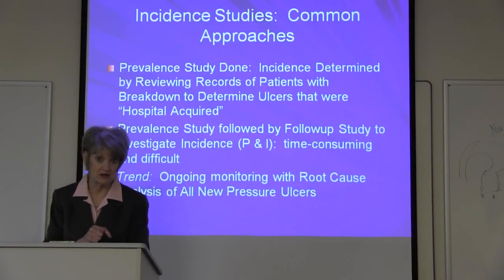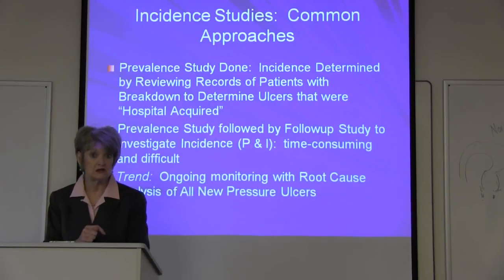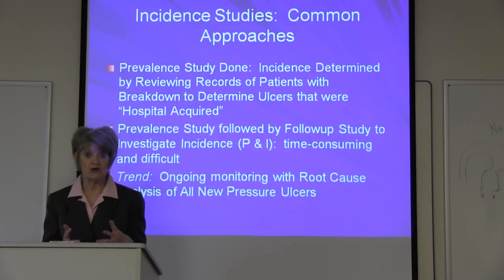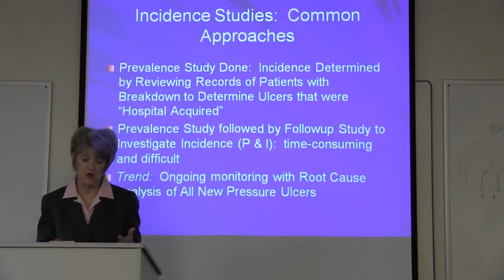They've got to go back to the nursing admission notes to see did that patient have breakdown on admission. But that's one approach to capturing prevalence and incidence data. It will tell you overall the percentage of patients who have breakdown at that point in time. But the more critical information is the percentage that were hospital acquired.